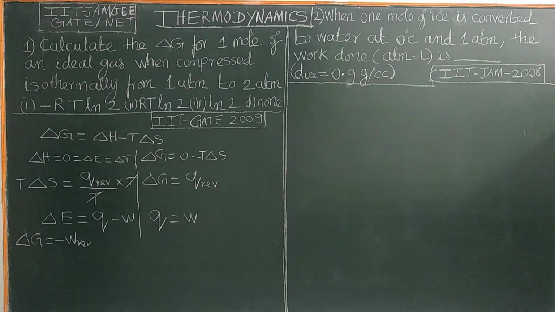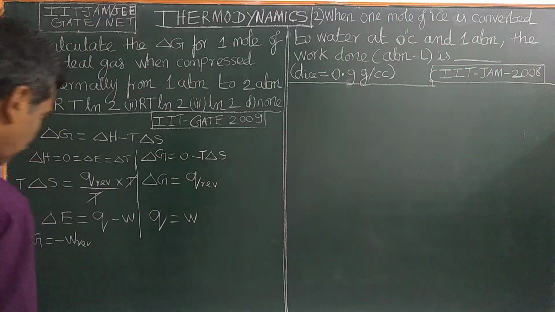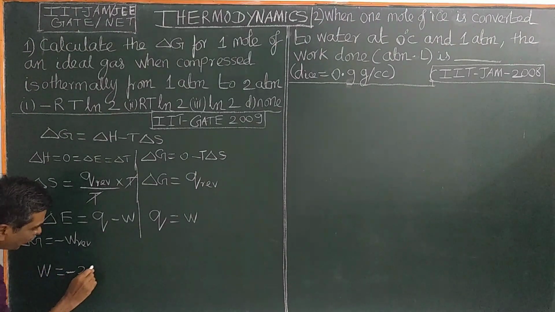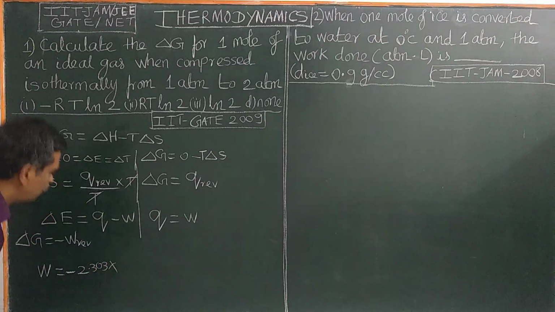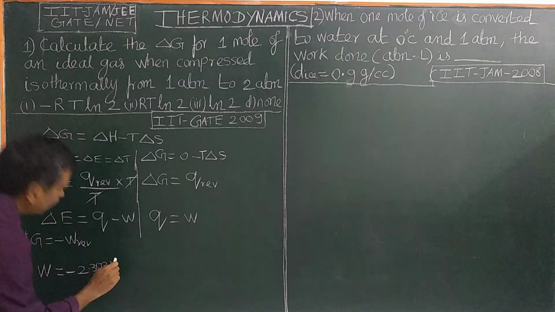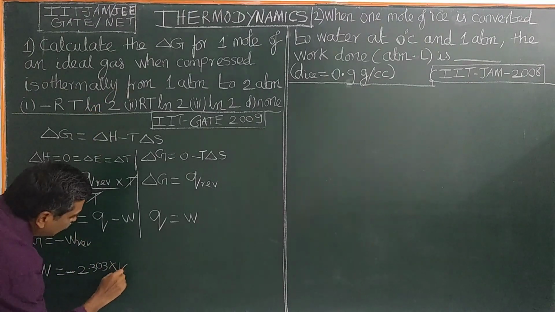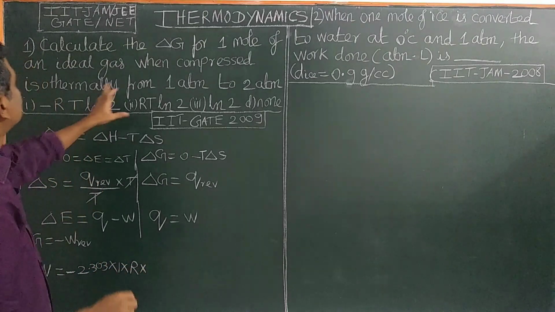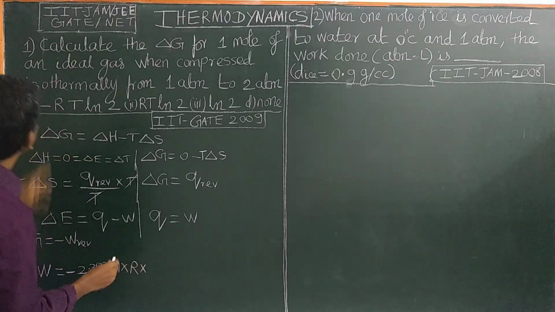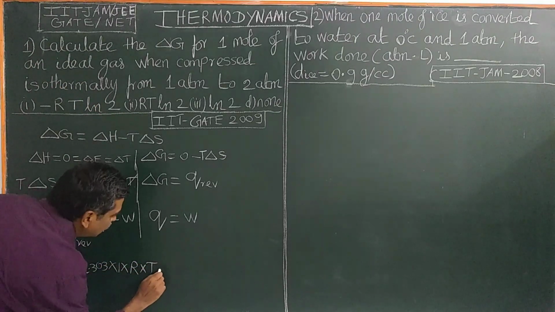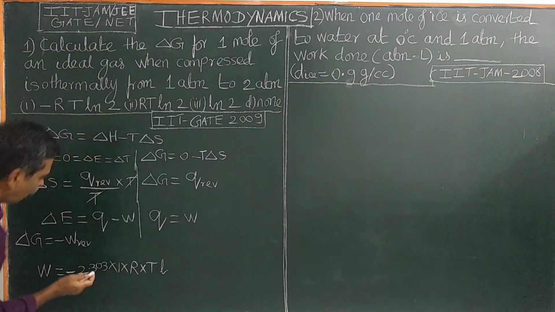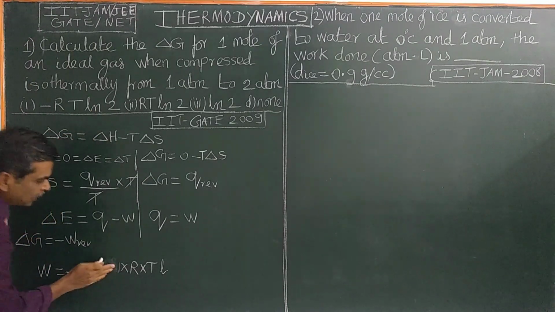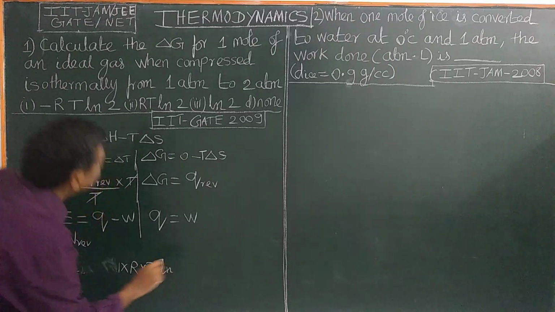Already, from the isothermal reversible compression process, W equal to minus 2.303 nRT log, for 1 mole of the gas, therefore 1 into RT. T is the temperature, constant, since it is an isothermal process. And the log is 2.303 log because the answer is given that way.